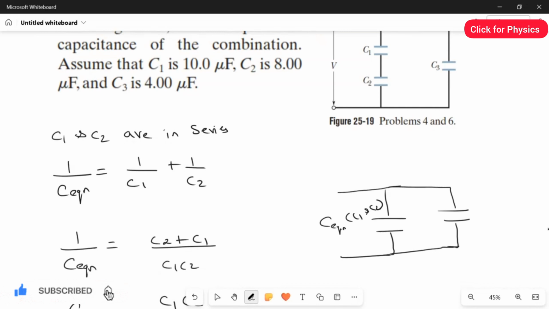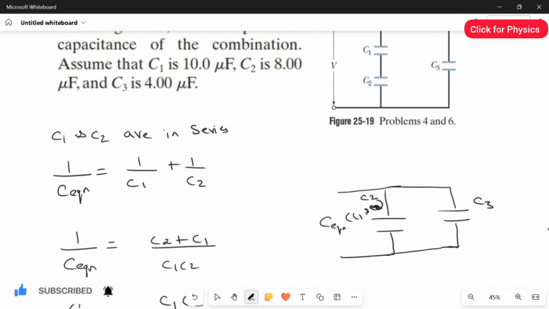Now we have to compare this C equivalent of C1 and C2 with C3. You can see the C equivalent of C1 and C2 is exactly in parallel with C3.